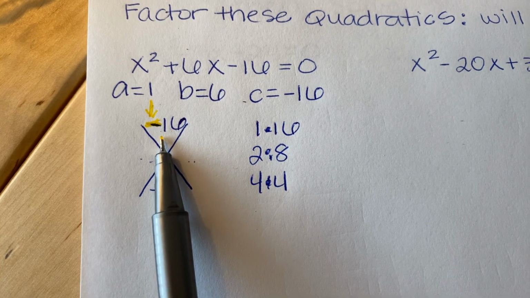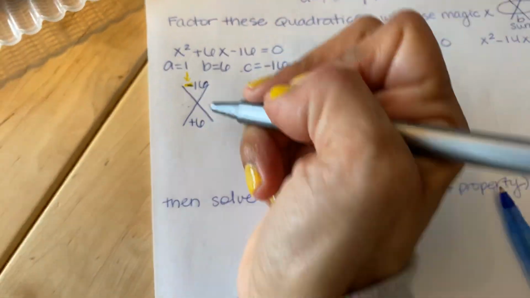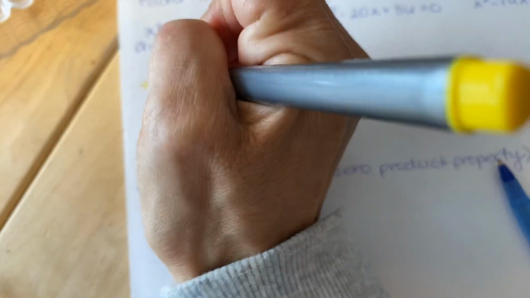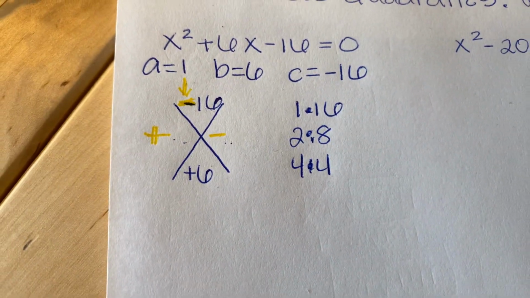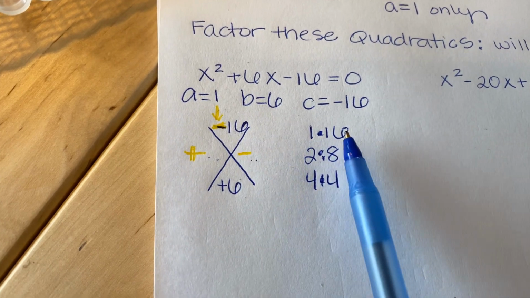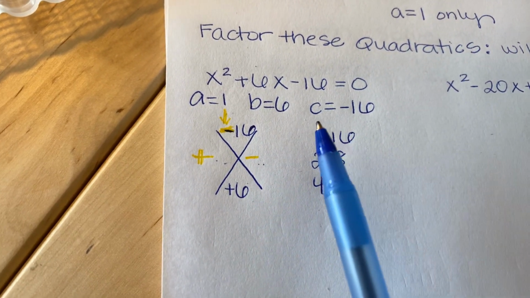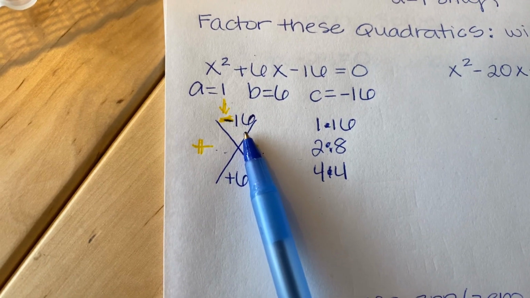So one number will be positive and one number will be negative, and it doesn't matter which one. So you're either going to get -1 times 16 or -16 times +1, the way you're going to get your product to be -16.